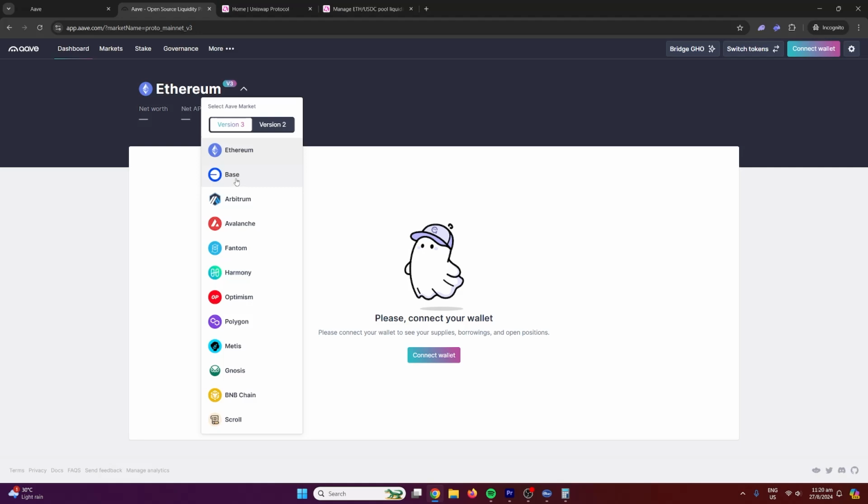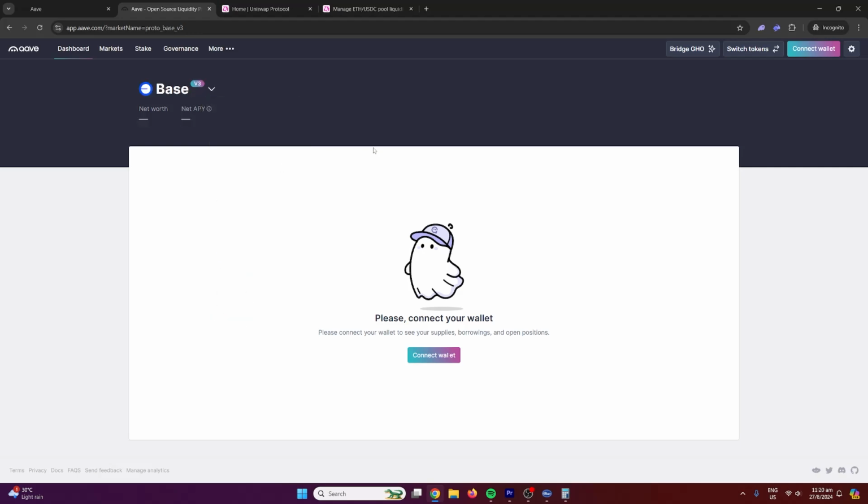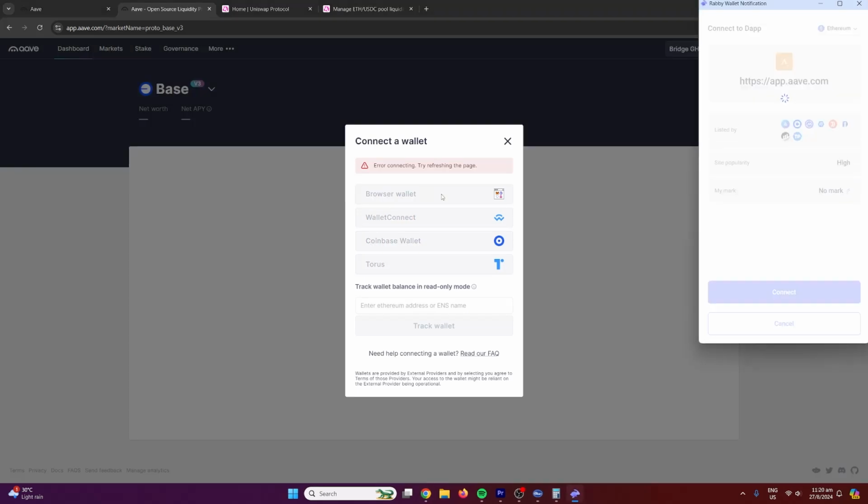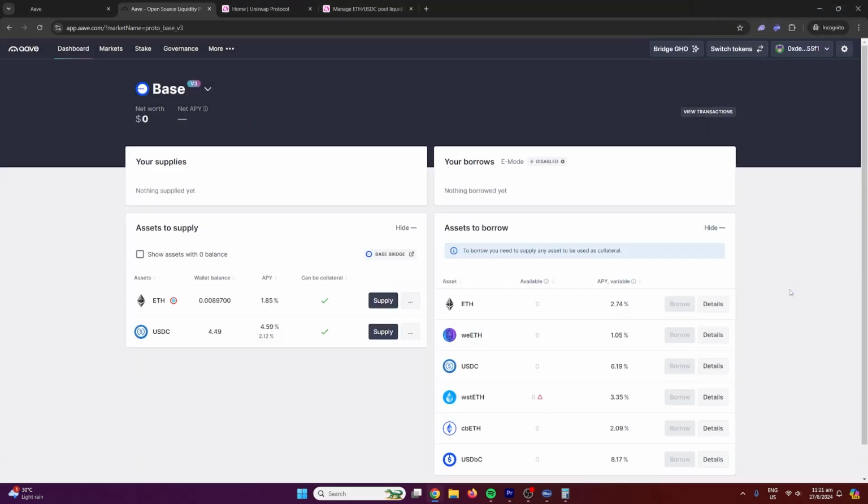They have a lot of chains, and today in this tutorial I'm focusing on the Base chain as usual because the gas fee is much lower. Let's connect our wallet, select the browser wallet, and as per last week I'm using Rabby. You can also use other browser wallets like MetaMask. Currently I'm already connected.